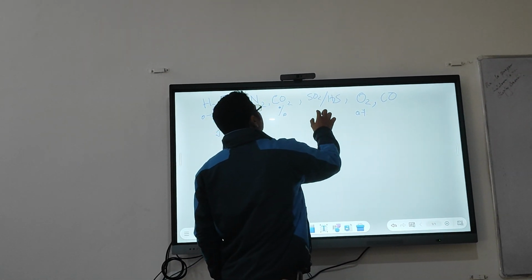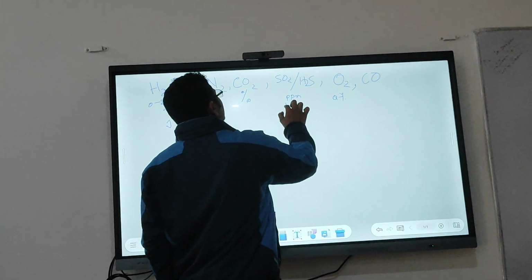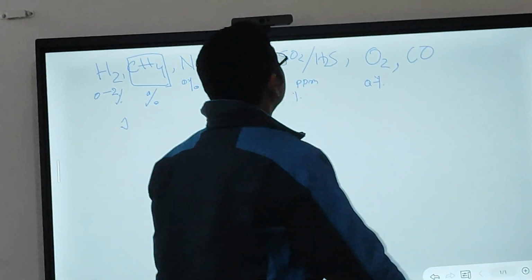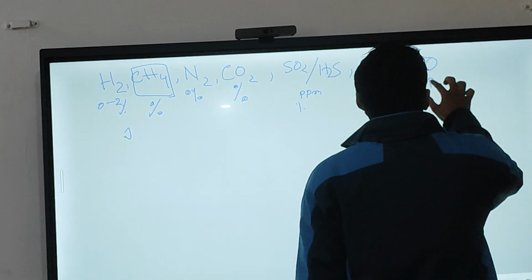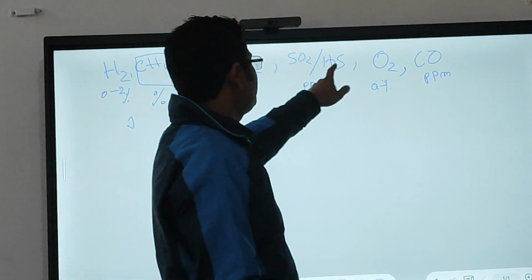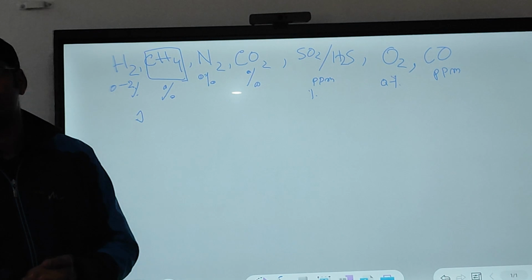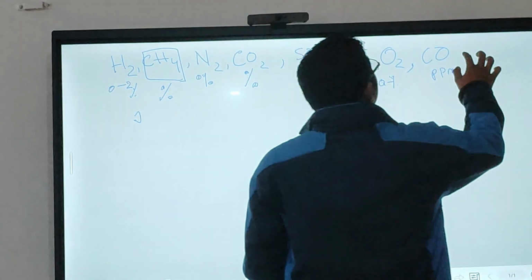Others are ppm level. Even 1% can be seen. ppm level. So 1, 2, 3, 4, 5, 6, 7 gases. Sometimes ethane can also be seen.